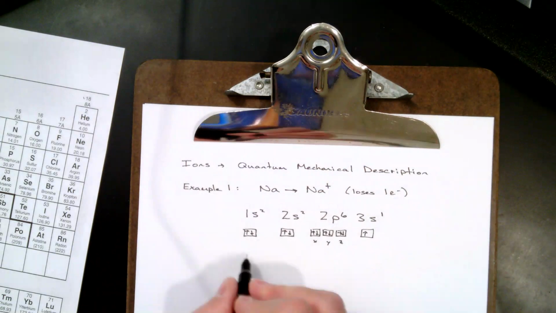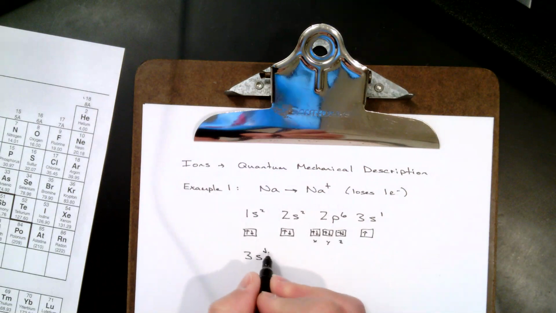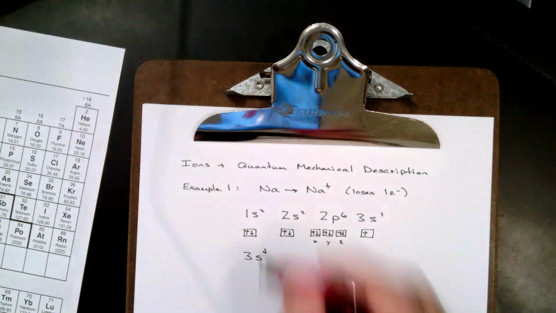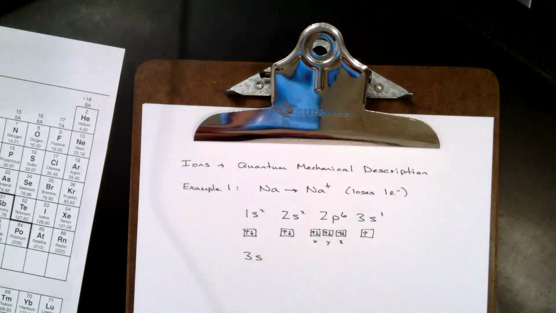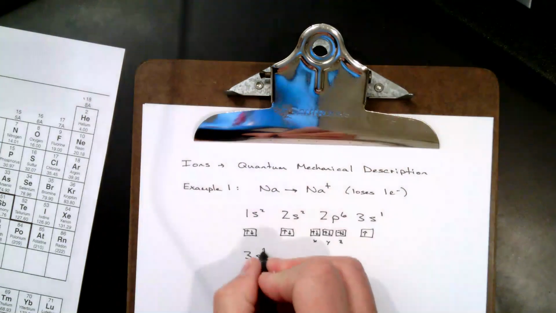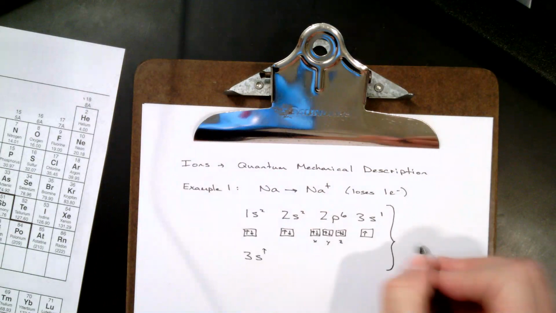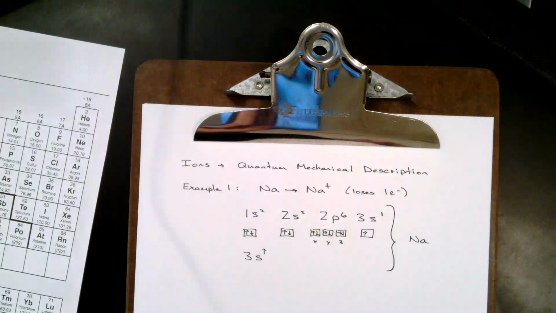The last electron would be a 3s up electron. This is all the atom of Na, the Na atom.